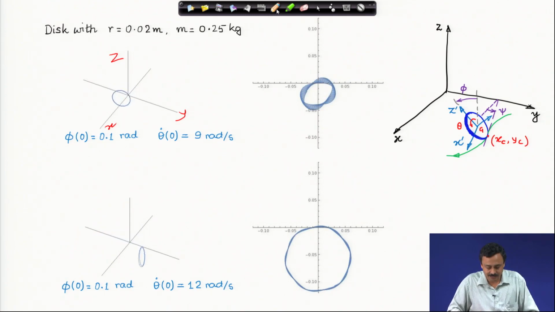I can increase the spin rate a little more and maybe get to a very steady rolling of the coin without changing tilt. It will then roll on a perfect circle, and here it has come to a circle. I have kept the tilt angle, 0.1 radian, the same in both the simulations. For that tilt angle I need a little more spin to make a perfect circular track on the xy plane.